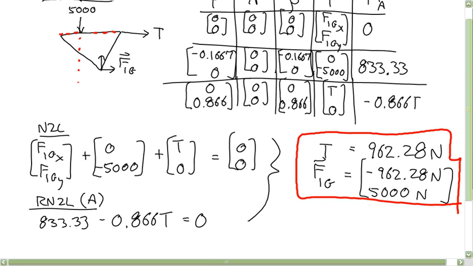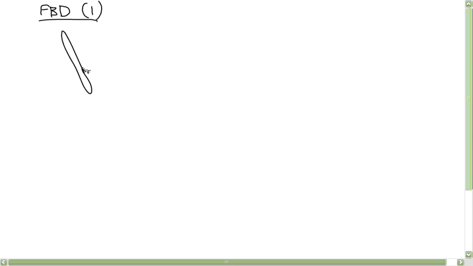So now let's isolate member 1. And this would work isolating any 2 of the 3 members. I did 1 and 2. Okay, so what forces are acting on member 1?